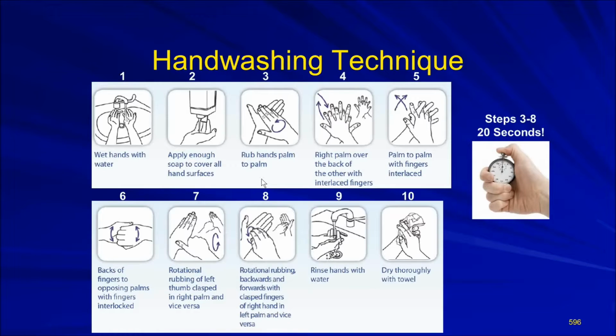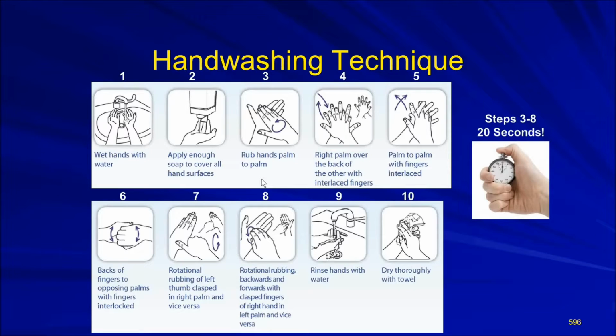Next, you want to make sure that you proceed to step 6, and this is another area that is frequently missed, the back of the fingernail beds. This helps eliminate that area as well, making sure that that's properly washed. What you want to do is form a fist-like formation, your right hand grasping your left, and you want to scrub back and forth, making sure that the nail beds are pressing and scrubbing up against the opposing hand's palm.